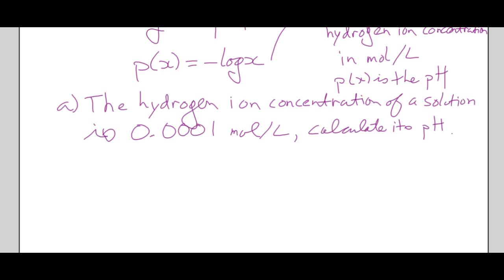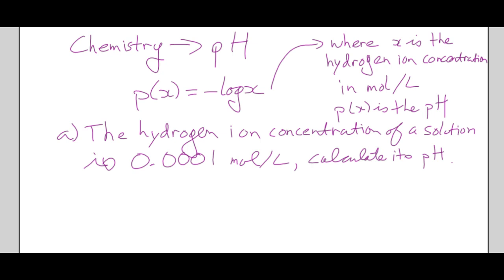Which one of these things is the hydrogen ion concentration? The x. They've told us x, and P of x is the pH. So pH is equal to negative log of 0.0001, that's 0.000 and a 1. You can just plug that into your calculator. Hit the negative, which is down at the bottom in brackets, then the log sign, then 0.0001, and hit enter. And you get 4.